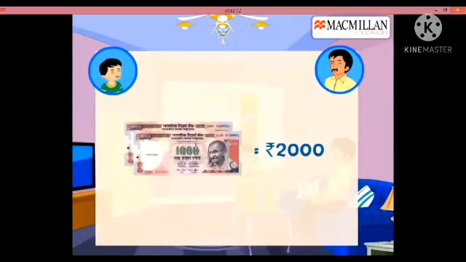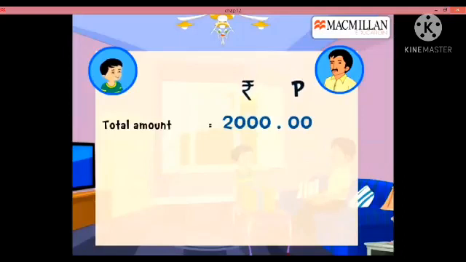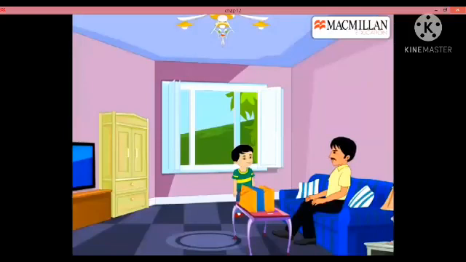Total amount Mom gave to the shopkeeper is 2000 rupees, and total amount we spent is 1745 rupees and 5 paise. So the difference is 254 rupees and 95 paise. Absolutely right, son. See, you have solved all the questions yourself. Yes, Dad, but it would not be possible without you. Thank you so much. Now I am going to complete my homework.